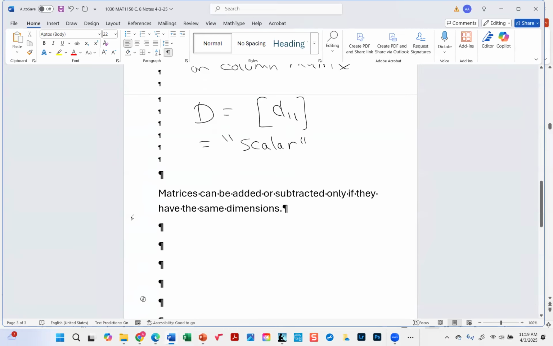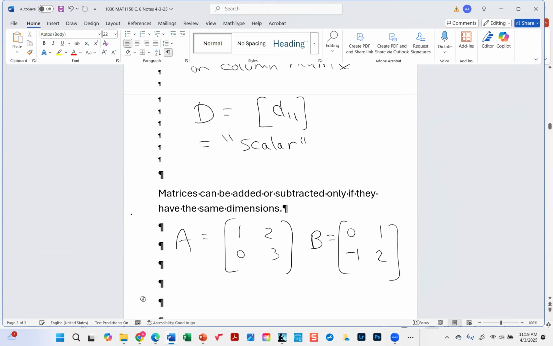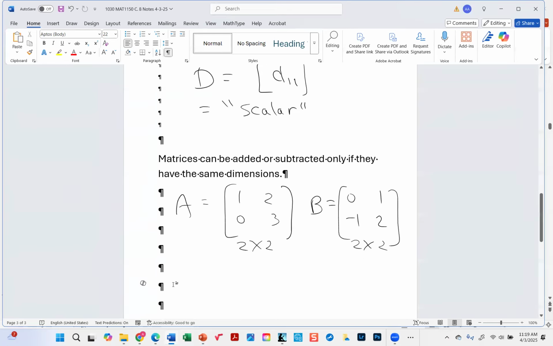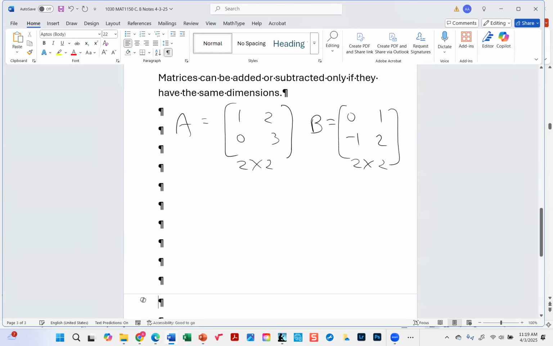All right, so let me give you a quick example of this. I can add these together because they're both 2 by 2. So I'm going to create a new matrix, A plus B. Now, how does that work?